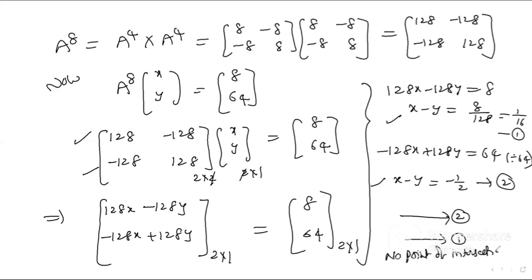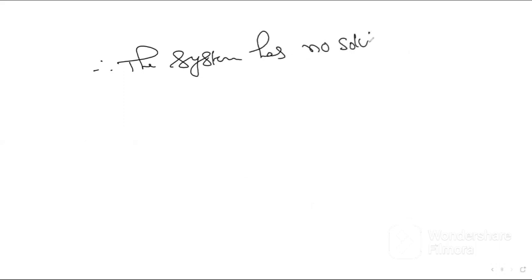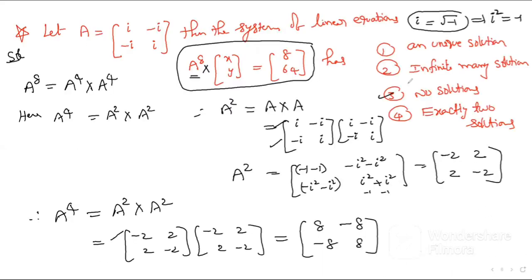No point of intersection means the system has no solution. The system has no solution. So this option is correct. So the third option is correct.